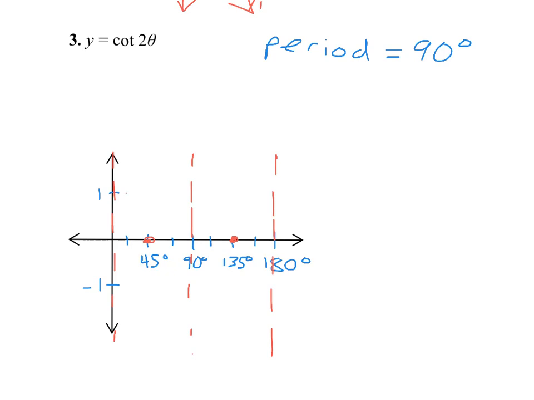So cotangent starts at 1 and then goes to -1 as you move to the right. So starts at 1, goes down to the middle at 0, and then down to -1. Alright, so we have 2 periods of cotangent 2 theta there.